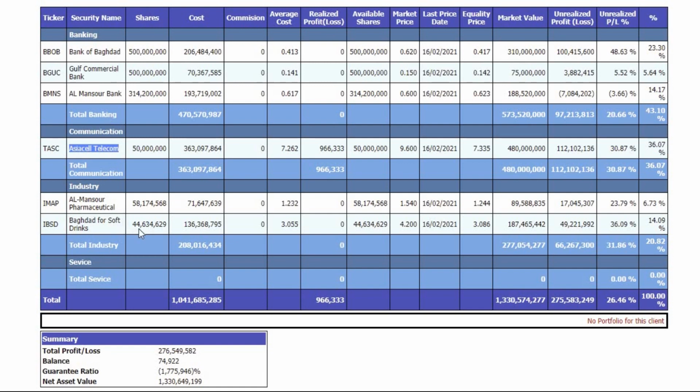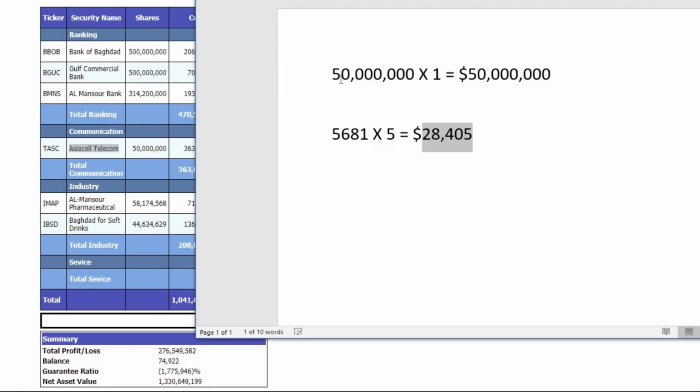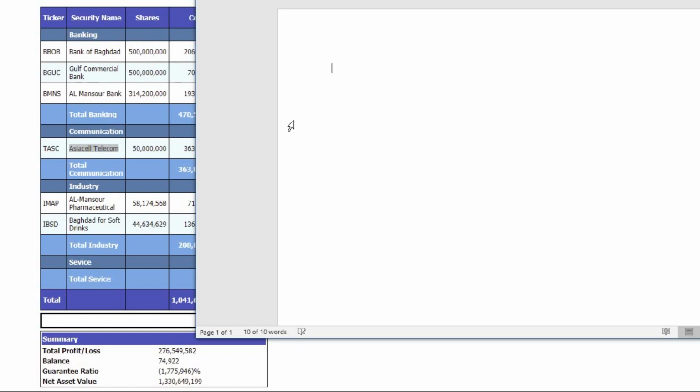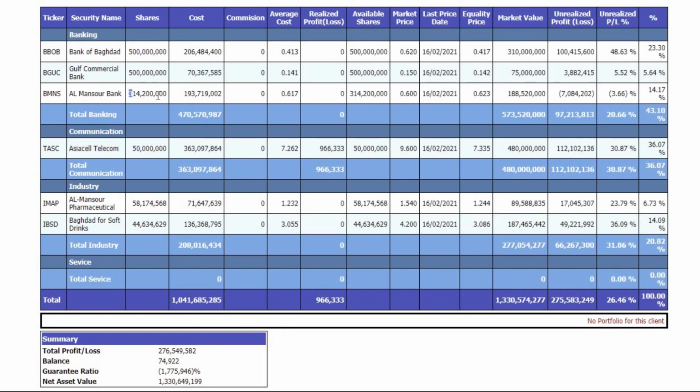Now Baghdad for soft drink, I'll go ahead and do that. Let's see. Right now we're only at 44 million. As more people continue to buy blocks, we have a standing order for Al Mansur Bank. We still have a bit to go because we're getting to $500 million.